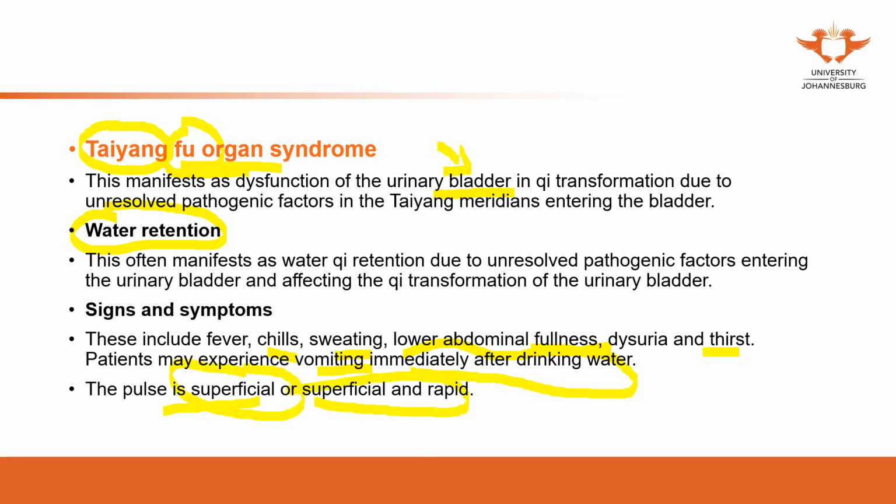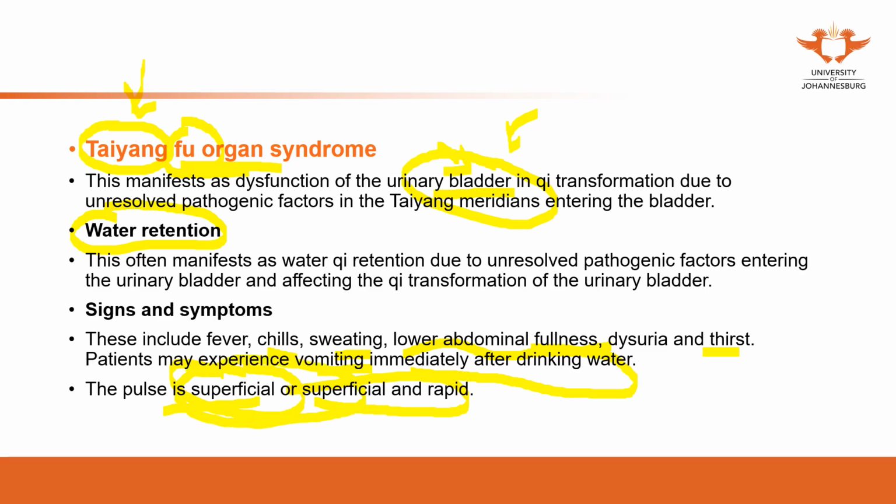That's because although this pathogen goes to affect the internal organs, it is still a Taiyang disease, which is a superficial disease. So in this situation, the patient also suffers from the superficial, and the pathogen affects some of the internal. So this is a combination of superficial and internal.